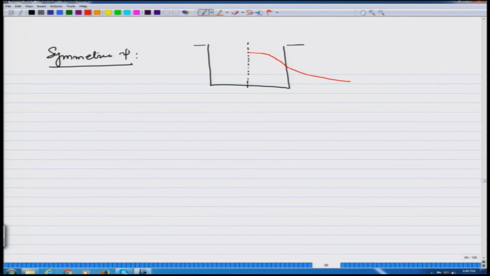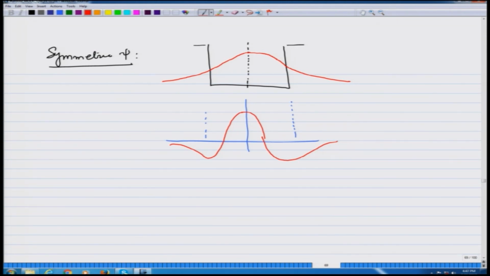This is how the wave function is going to look. It could also be like this. These are the boundaries. It could also be like this, but symmetric, and this is a combination of higher cosine on the lower side.